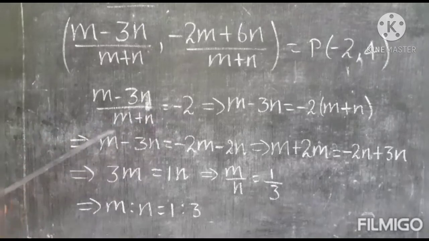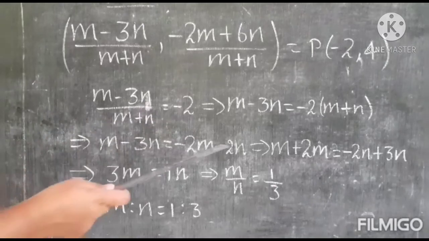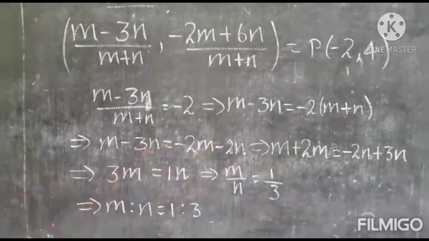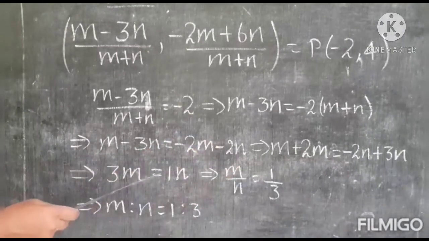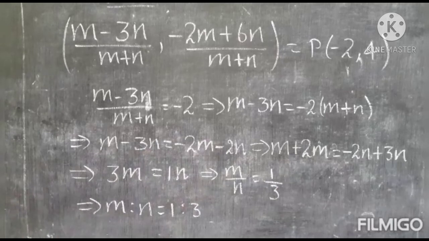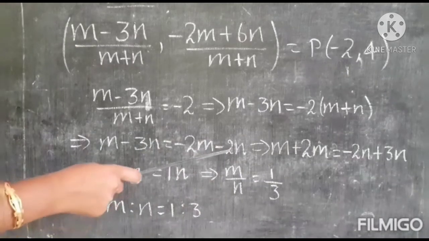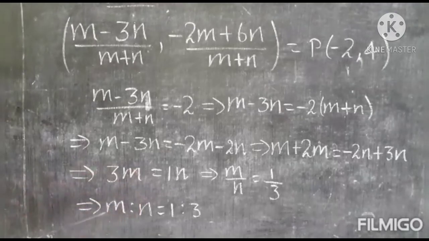Taking m on one side and n on the other side, we get m plus 2m is equal to minus 2n plus 3n, which implies 3m is equal to 1n. We have to find the ratio, so we take the variables on one side and the numbers on the other side, which implies m by n is equal to 1 by 3. Therefore, m is to n is equal to 1 is to 3. Hence, P divides AB internally in the ratio 1 is to 3.